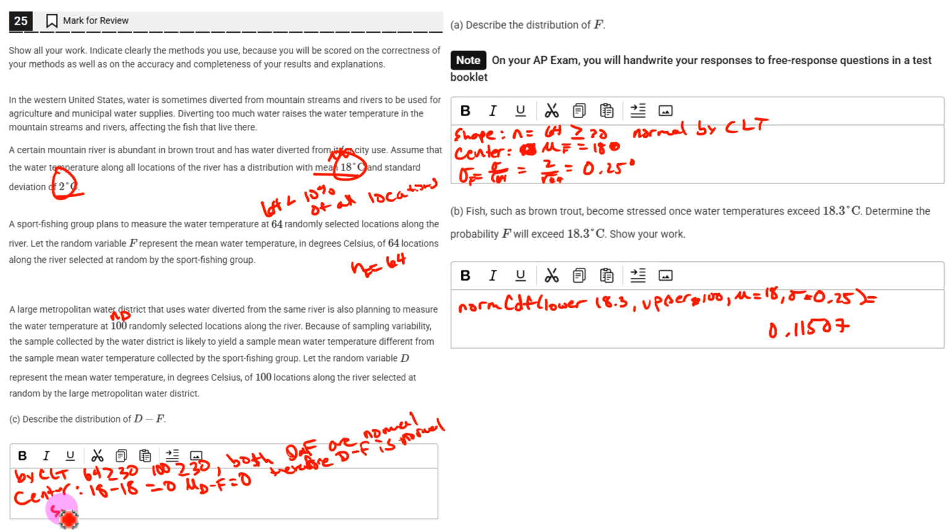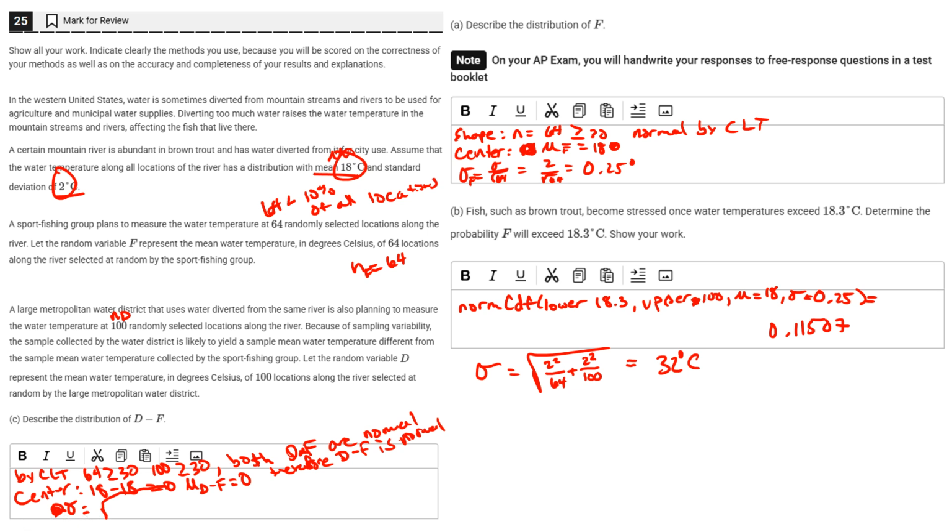And the standard deviation would be the square root of 2 squared over 64 plus 2 squared over 100, which would equal around 0.32 degrees Celsius.